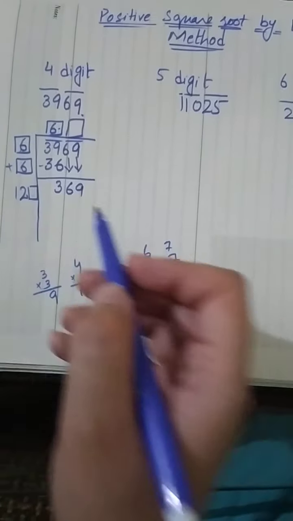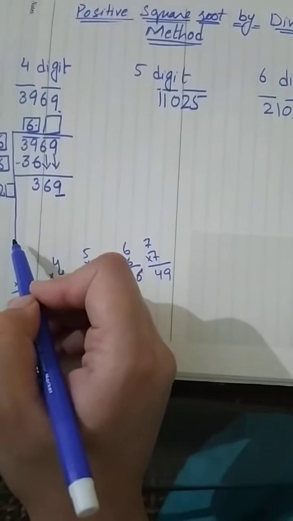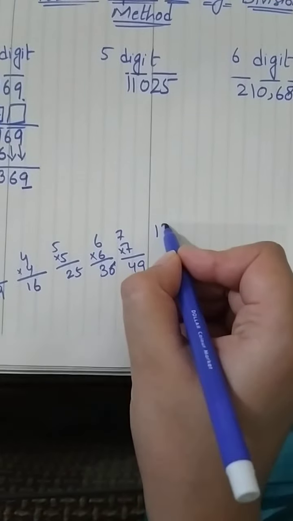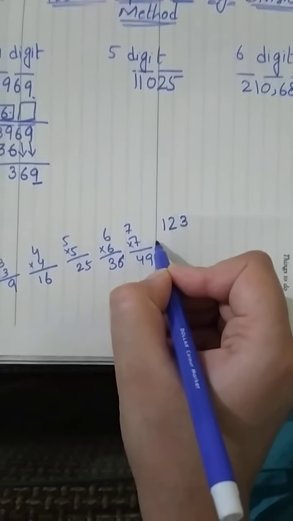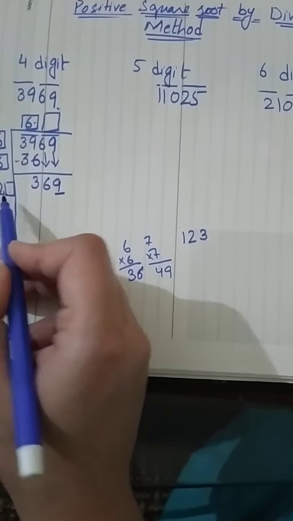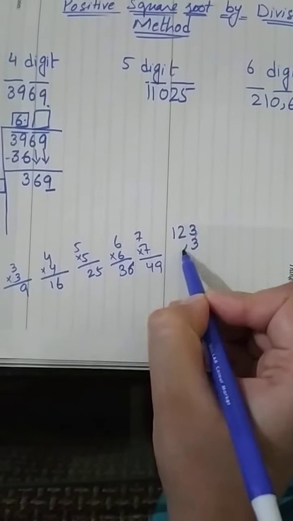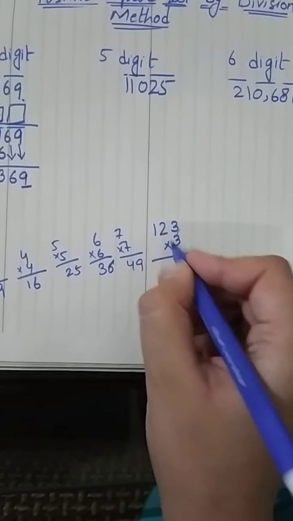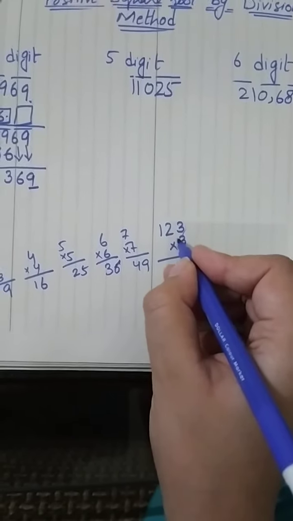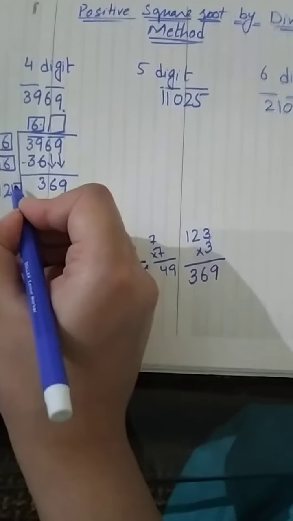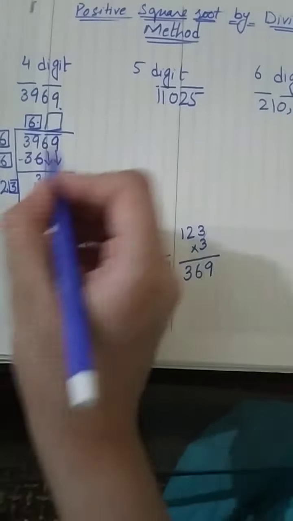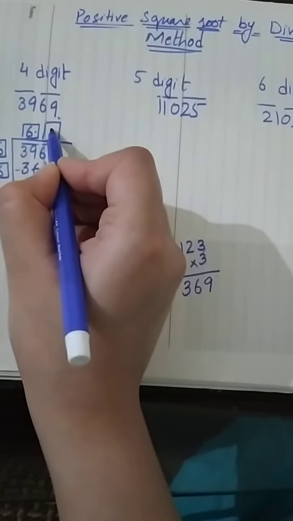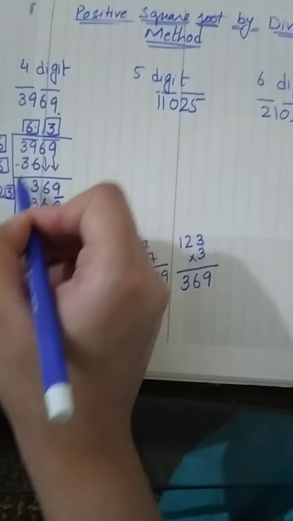You will see the last digit is 9. 3 3s are 9, so I am taking 3 here. 123 times 3: 3 3s are 9, 3 2s are 6, 3 1s are 3. So 3 times is 369. I am putting 3 here and here also.